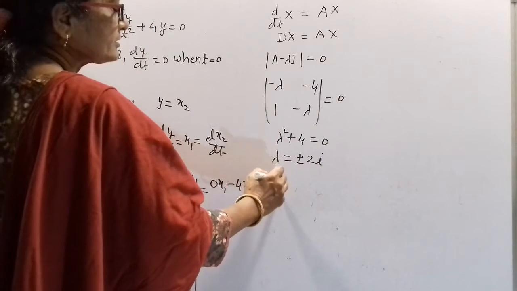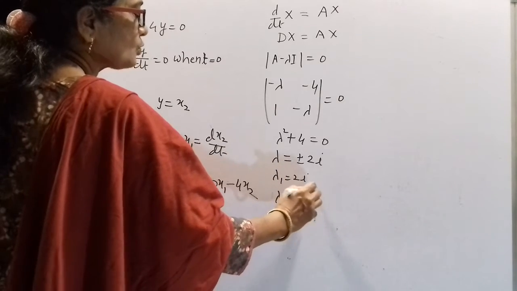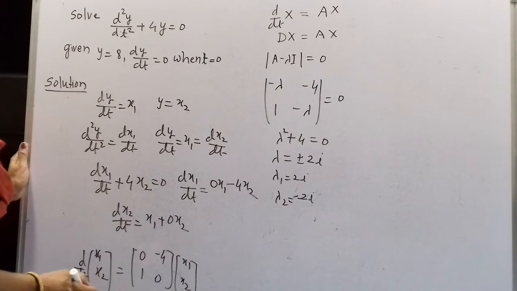So λ1 is 2i and λ2 is −2i. Corresponding to these values of λ, we have to find the eigenvectors.